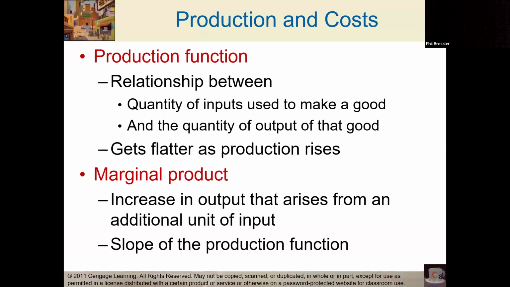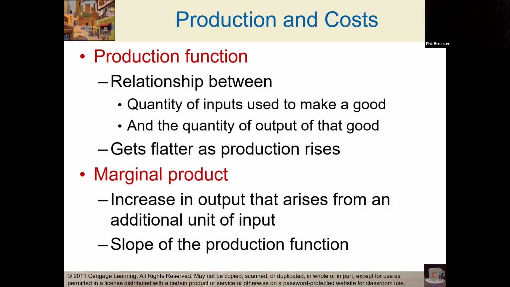All right. You don't need the production function, but marginal product is the increase in output that arises from an additional unit of input.